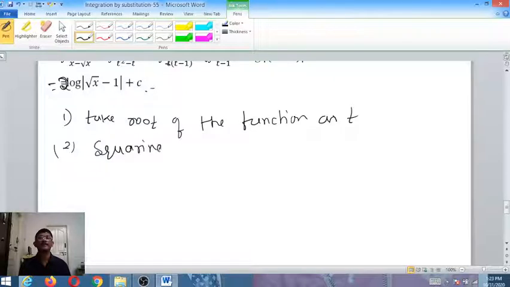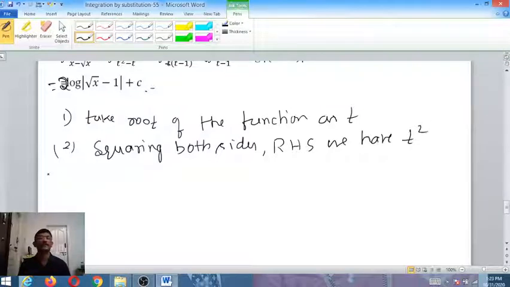Second step, squaring both sides. On the right hand side we have t square. Third step, differentiate with respect to x.